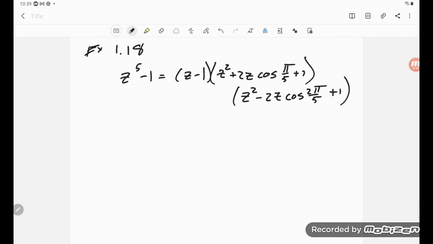And they say show that's true and then get closed formulas for cosine of pi over 5 and cosine of 2 pi over 5.